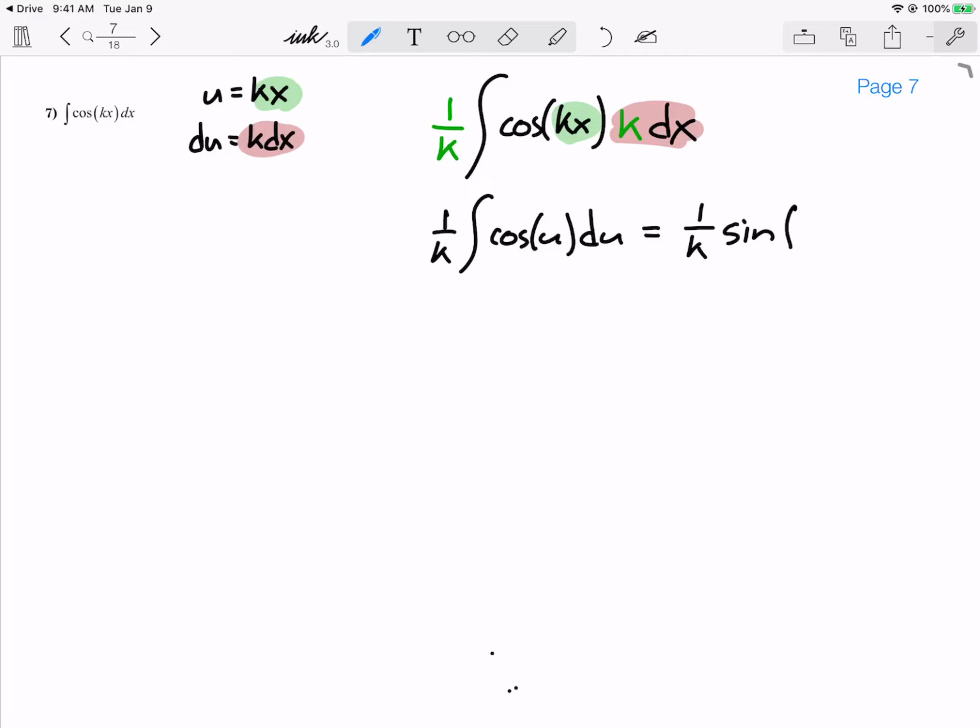I'm going to replace the u already, kx plus c. So basically, anytime you see a constant in front of x on any kind of trig function where it's a basic integration, sine, cosine, secant of x, tangent of x, any of those 6 that you remember, you're going to end up dividing by whatever that constant is because of the u-substitution that results.